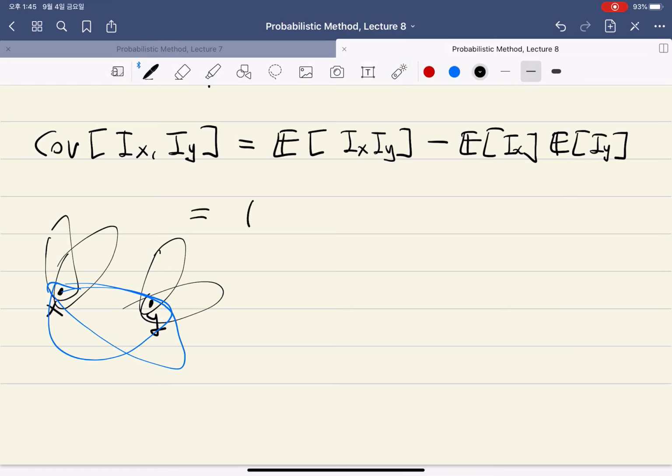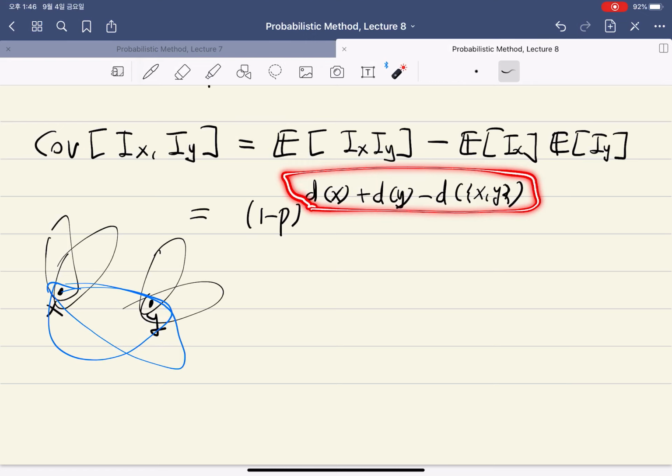Which happens exactly when all the degree of x many edges are not chosen, and all degree of y many are not chosen. But these are counted twice, so we subtract the co-degree. So this is exactly the number of edges that contain either x or y.